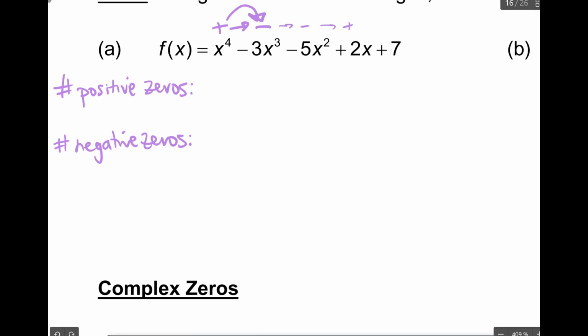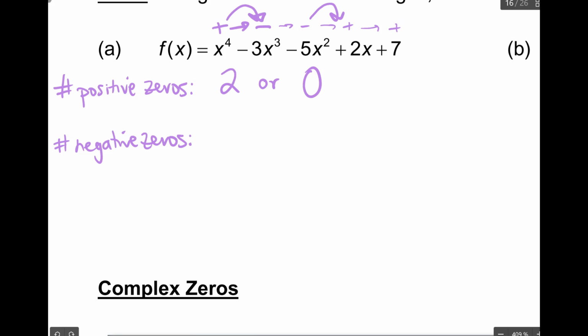And then I'm going to a positive, so here's my second change of sign, negative to positive, and then I have positive. So I only have 2 changes of sign. Remember, the number of positive real zeros is equal to the variations in sign, or less than that number by some even number. So 2 minus 2 is 0. So there's either 2 or 0 positive zeros.